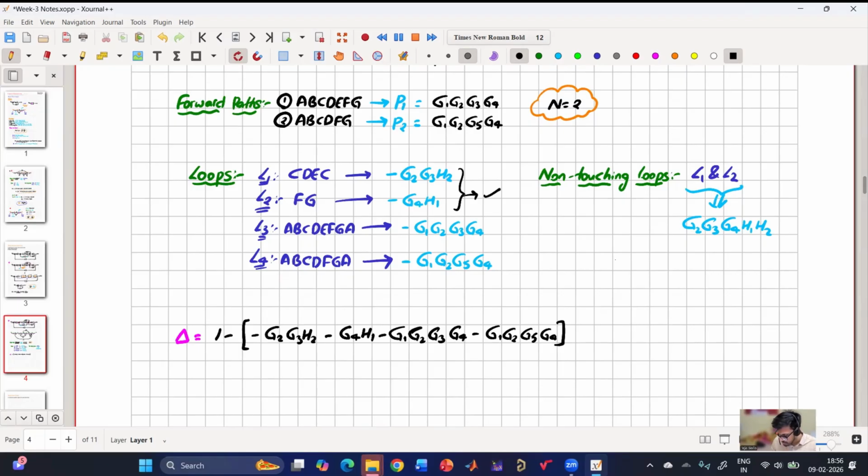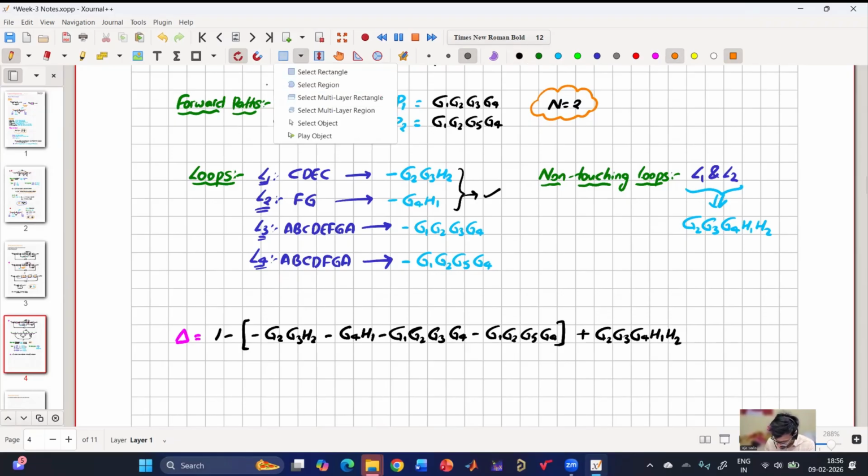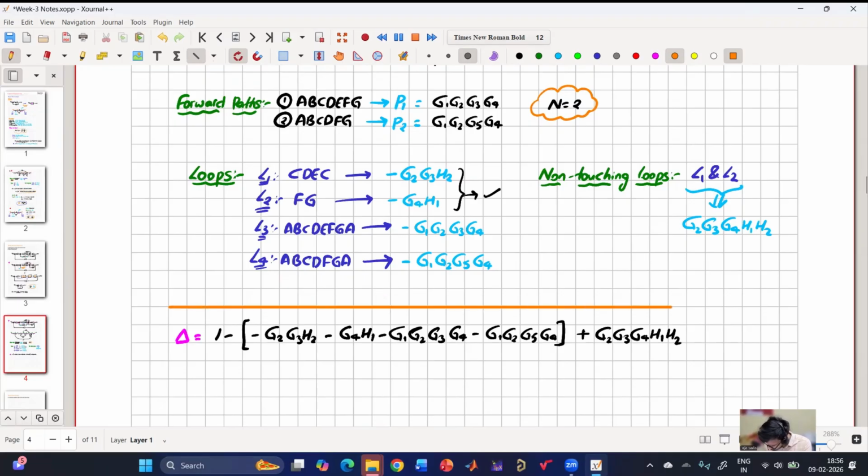Now minus or plus? Plus G2, G3, G4, H1, H2. So this is what we have obtained. Let us put it in a box.